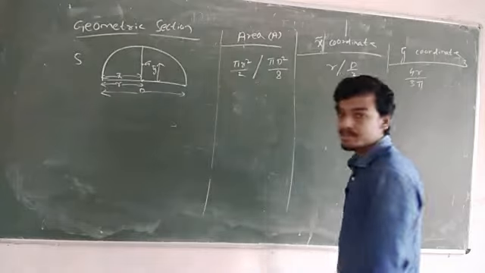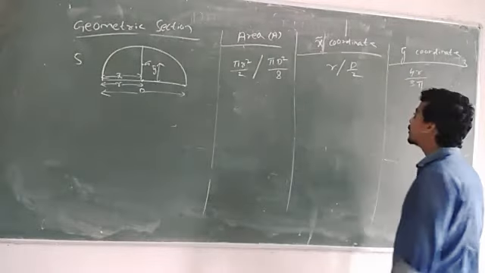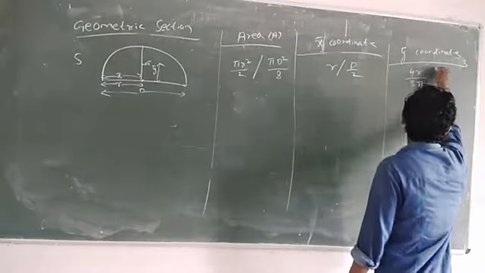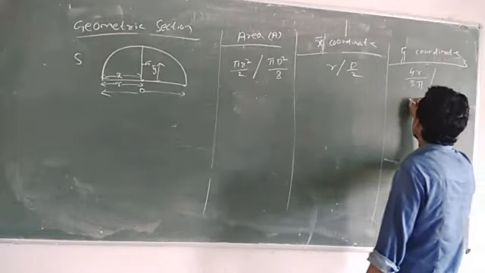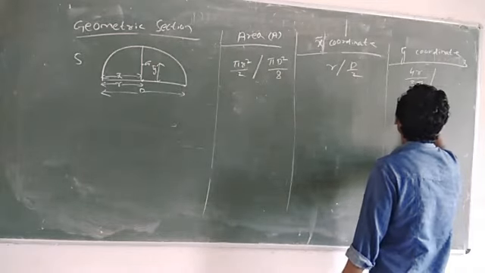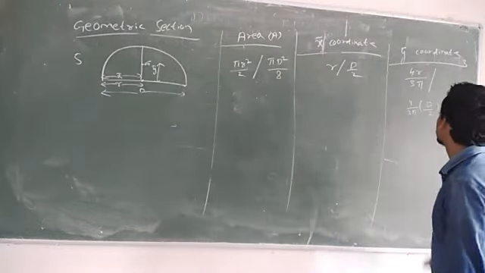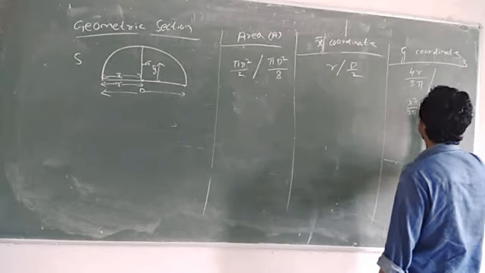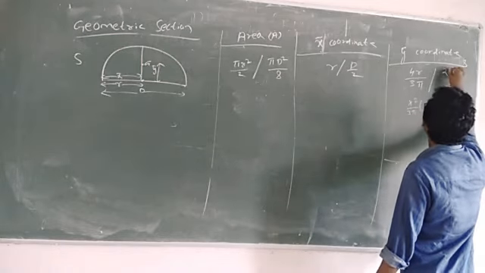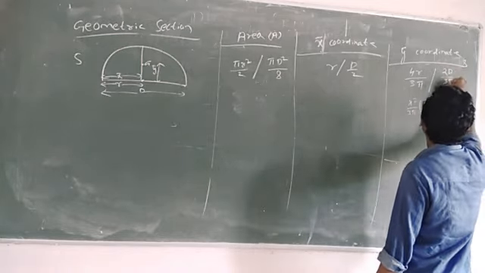This value you have to remember. If you want to write in terms of diameter, just put r equal to d by 2 because radius is half of the diameter. So it will be 2 cancel 2, 2d by 3 pi.